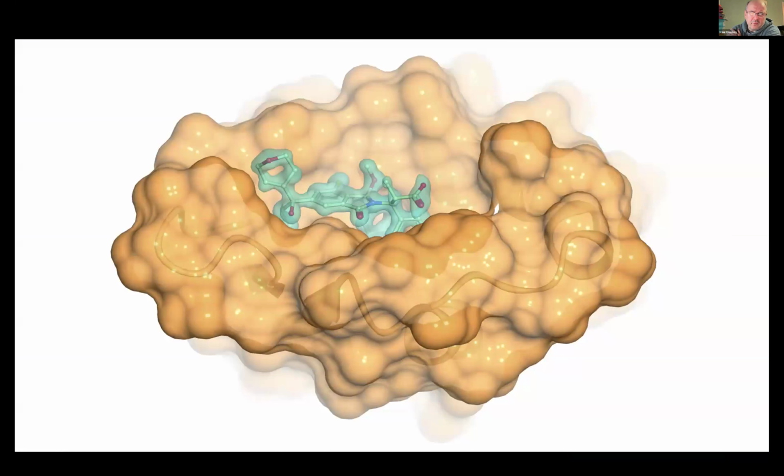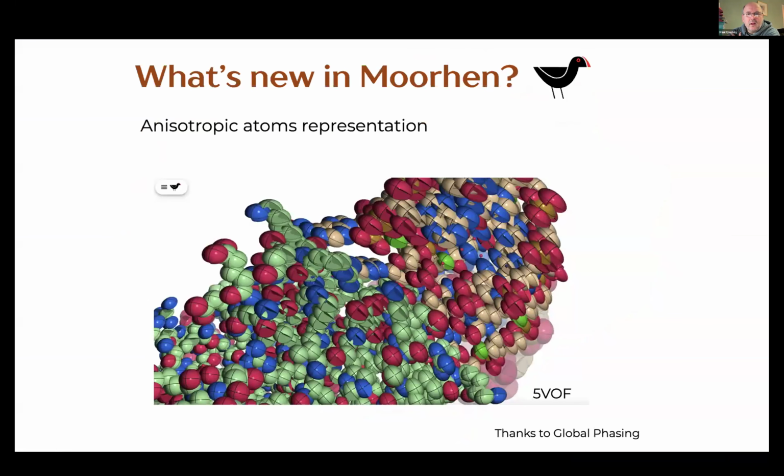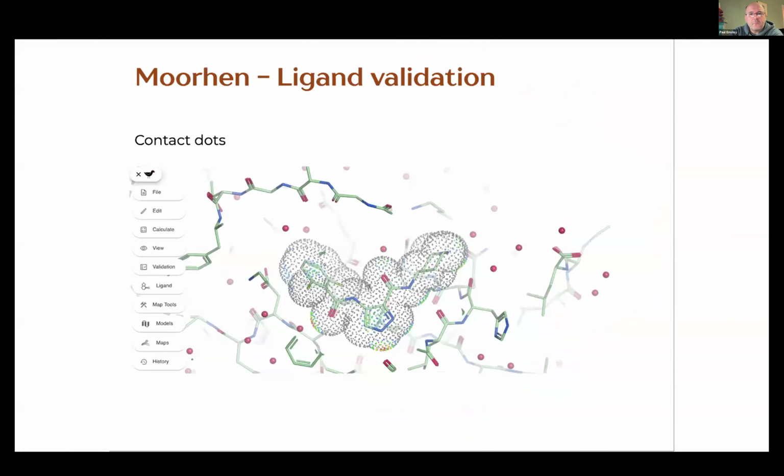Electrostatic surface is not available today, I think. Again, anisotropy is, because it's written in the library, available in Moorhen as well as on the desktop. And we have ligand interactions, so van der Waals surfaces. You can see some colors where they're getting close to the protein, and if it's a hydrogen bond, it will be represented in purple.